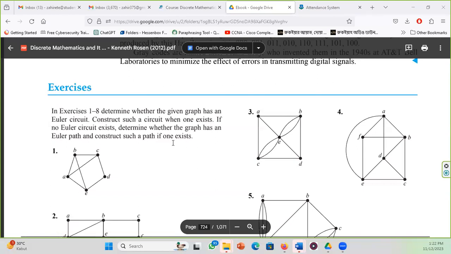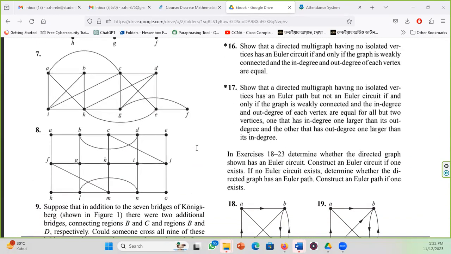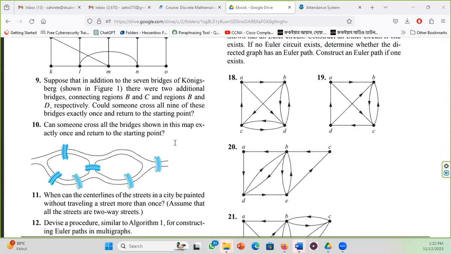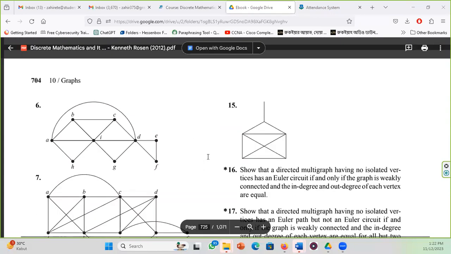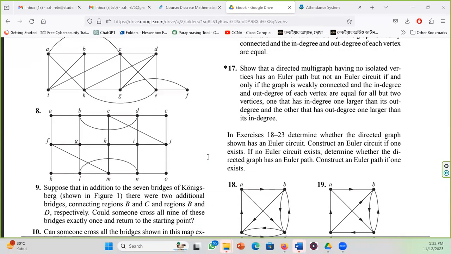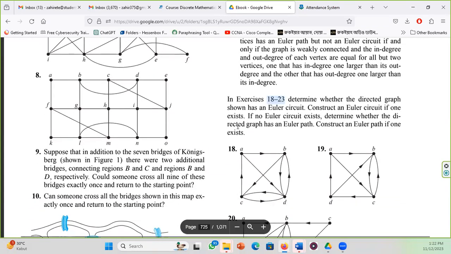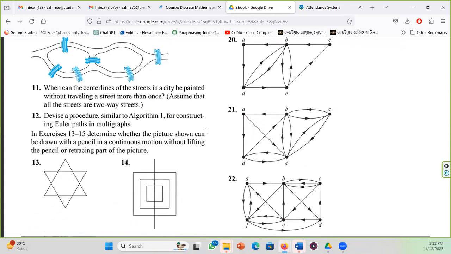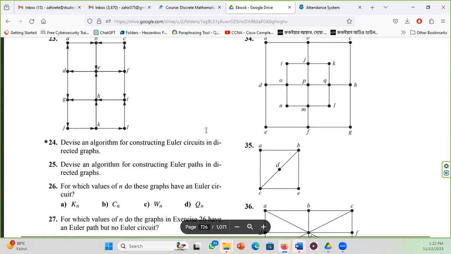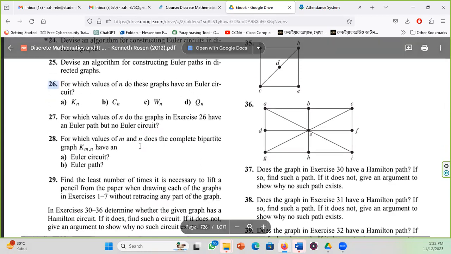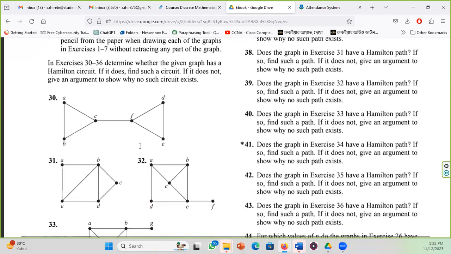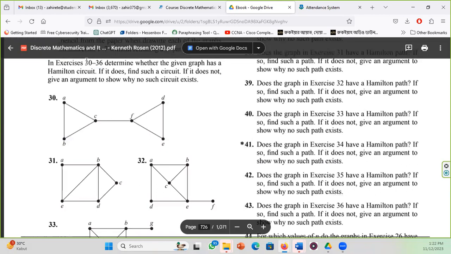Exercise 1 to 8. Then 10. Then 18 to 23. 26. 30 to 36.